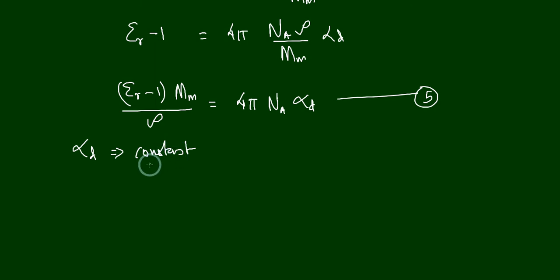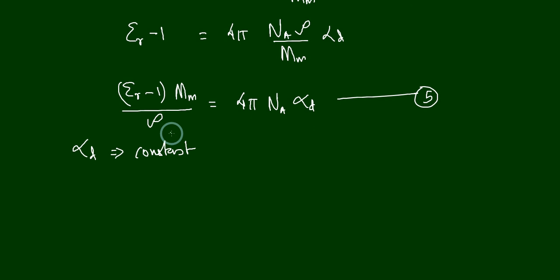So alpha d will be a constant for a particular dielectric. This means that since alpha d is a constant, 4 pi Na alpha d will be a constant, because 4 pi and Na, the Avogadro number, are also constants. So the right hand side of equation number 5 is a constant.